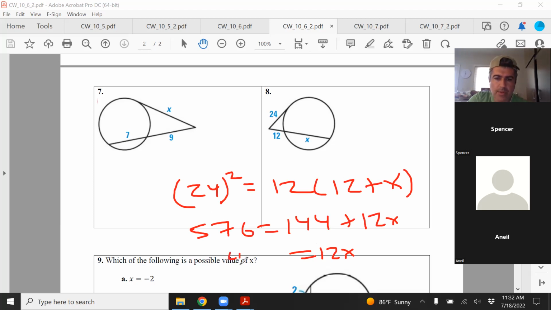Which would be 432. Remember, that's the concept here, and then divide that by 12, you get 36 for x. And if you were to check it out and plug in 36, it would work itself out.